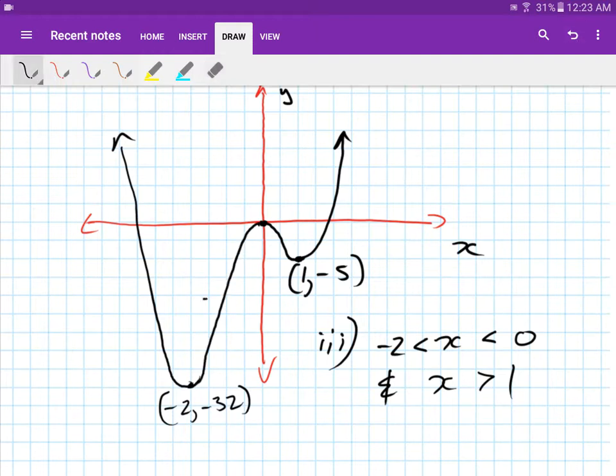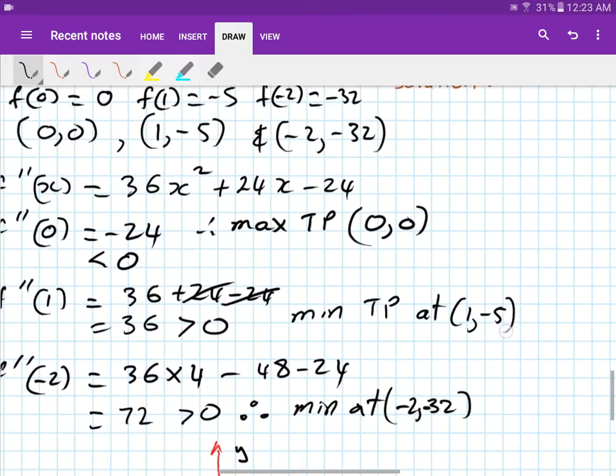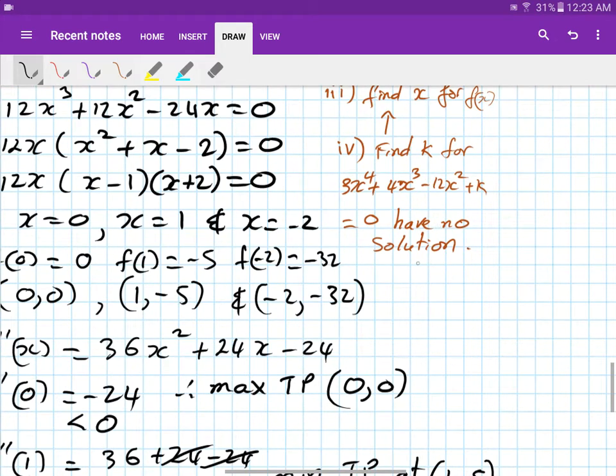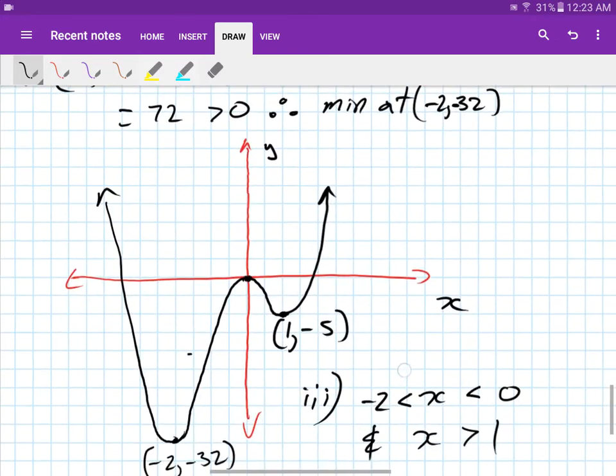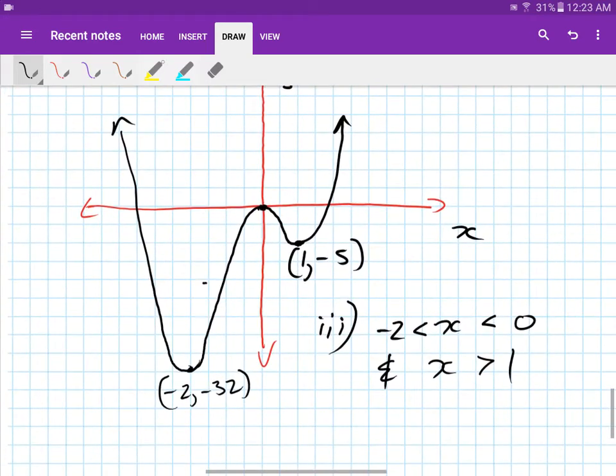Now, the last part is at what value of k so that f(x) is all positive, because they want no solution. If there is no solution, that means no x-intercept. So the way to go about this is that this minimum, the lowest value, has to move all the way up here. If this moves up, this point goes all the way up.